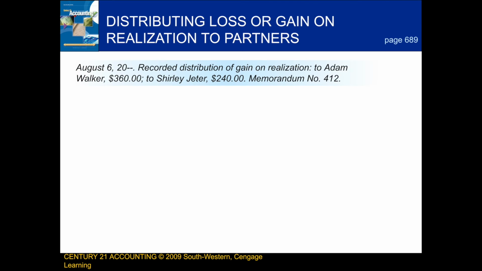Next we're going to be talking about distributing a loss or a gain on realization to partners. This next transaction reads, on August 6th, recorded distribution of gain on realization to Adam Walker, $360, and to Shirley Jeter, $240, memorandum number 412.